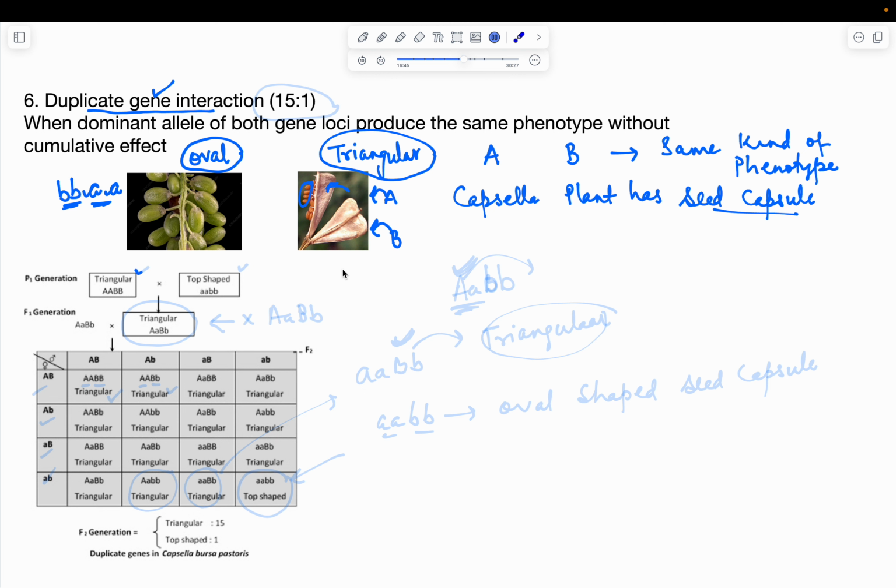So if you do a cross between two plants, one with triangular seed coat, the other with oval shaped seed coat, they produce a hybrid which has a triangular seed capsule. When you do selfing in this, the outcome will be, right?